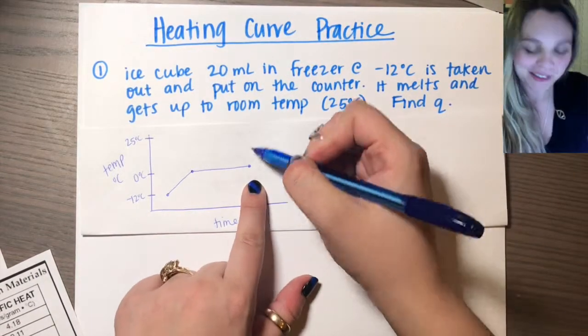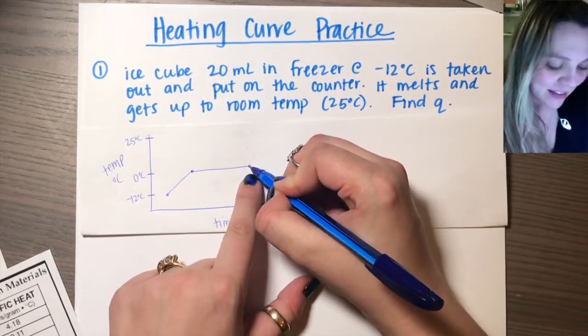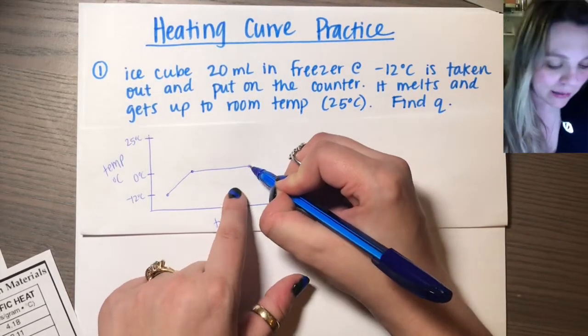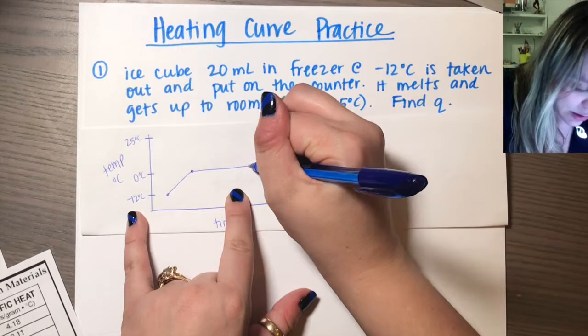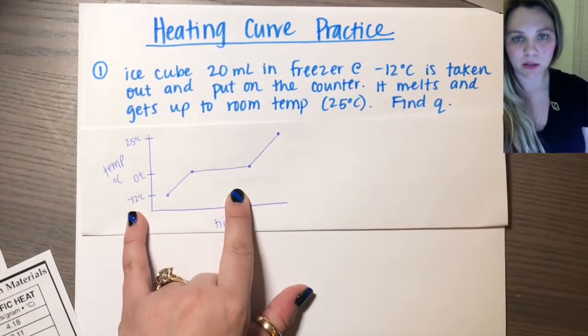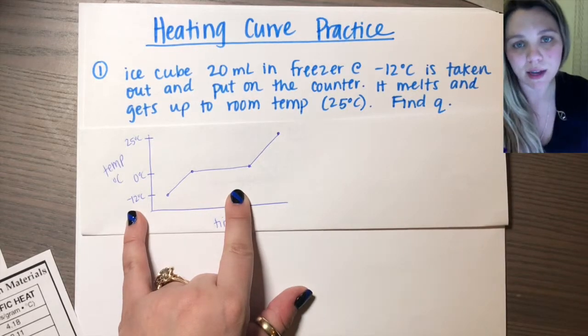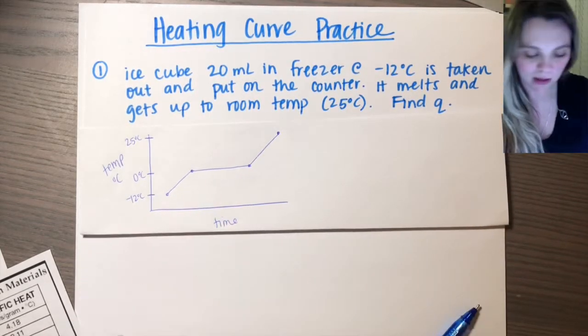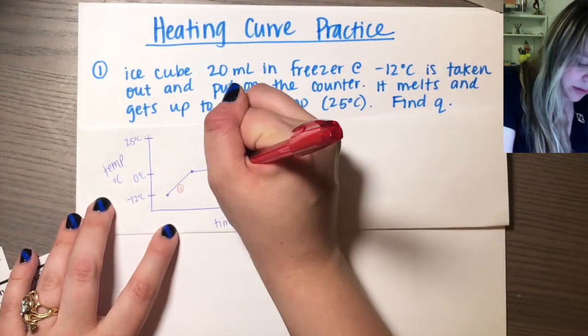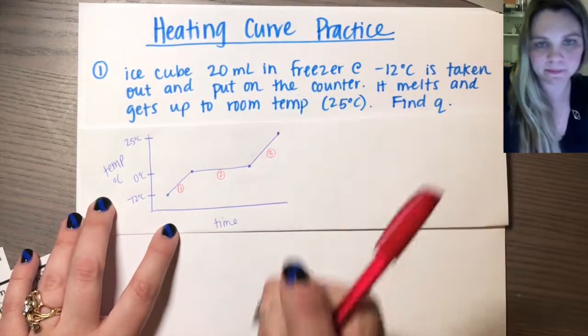It's a long flat line. And then when I get to this point, everything has melted. And I am now going to raise the temperature of my water up to room temperature. This is a 3-step problem, okay? I have part 1, part 2, part 3.